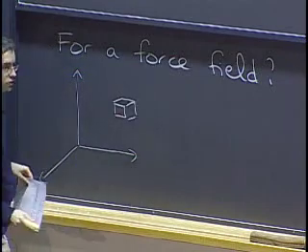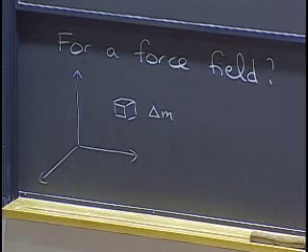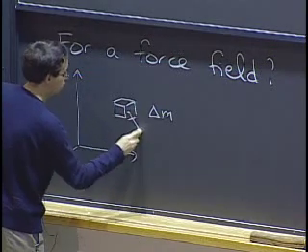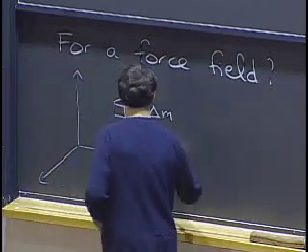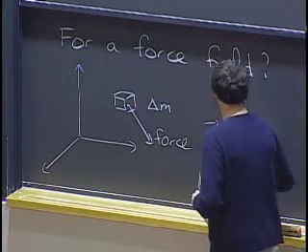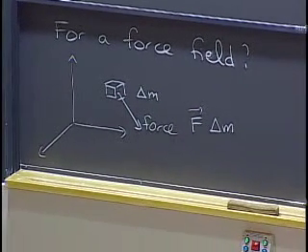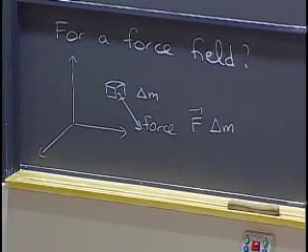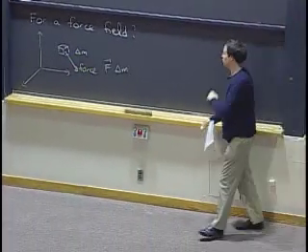Let's say I have a piece of solid with a mass delta m, and a force exerted on it, maybe F times delta m. If you think, for example, of a gravitational field, the gravitational force is the gravitational field times the mass. You can forget delta m if you don't like it.